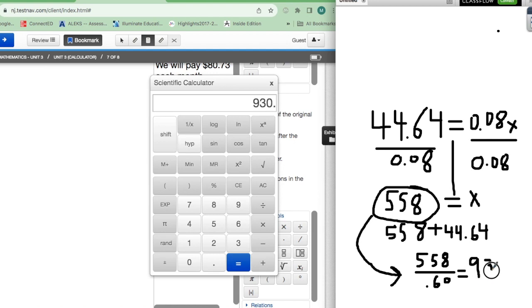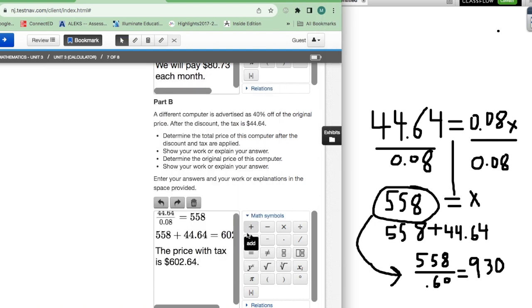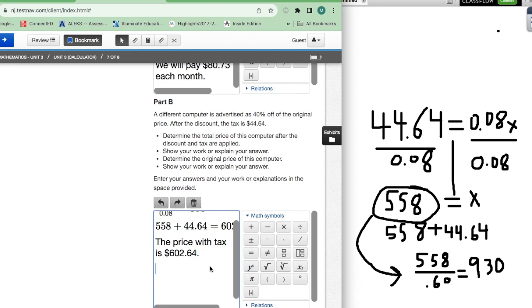So 930 would be the original price here. Okay, now we saved 40%, so it's pretty significant. We went down to 558. All right, so the original price of the computer, and that's it. Okay, so now we'll write an explanation for that.